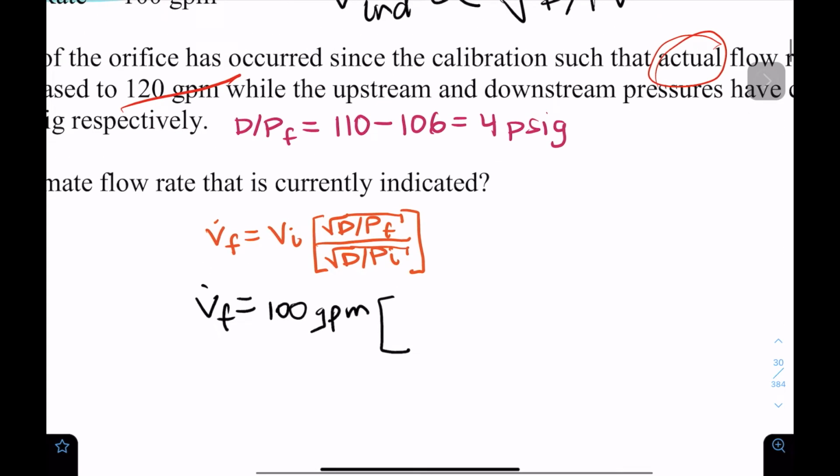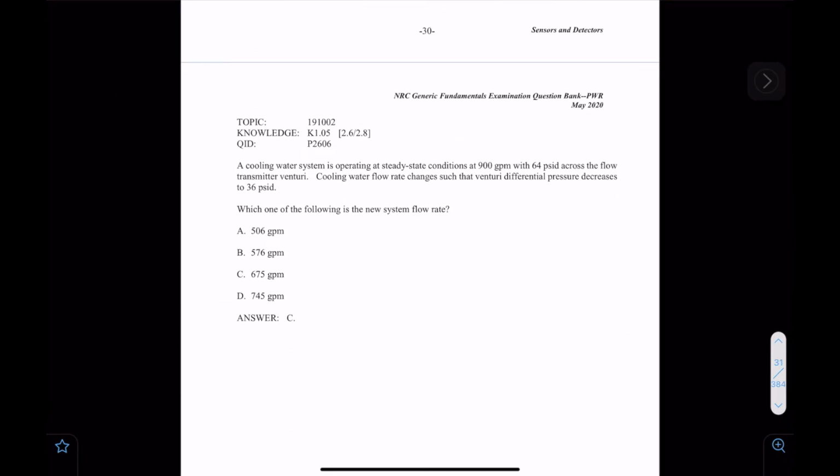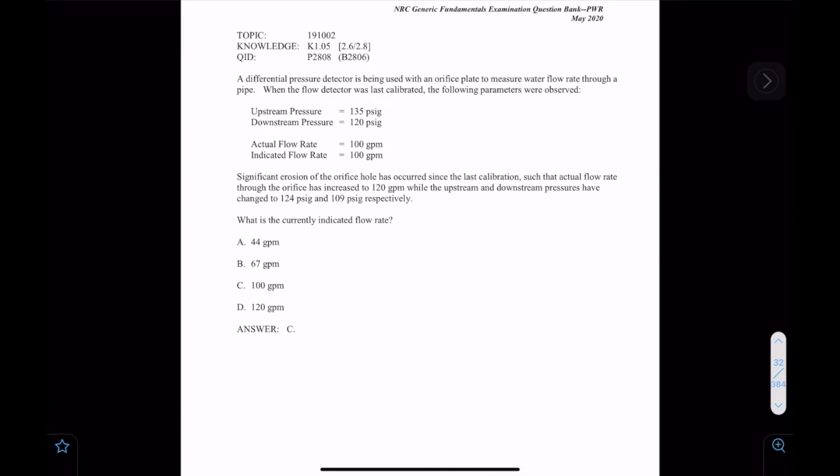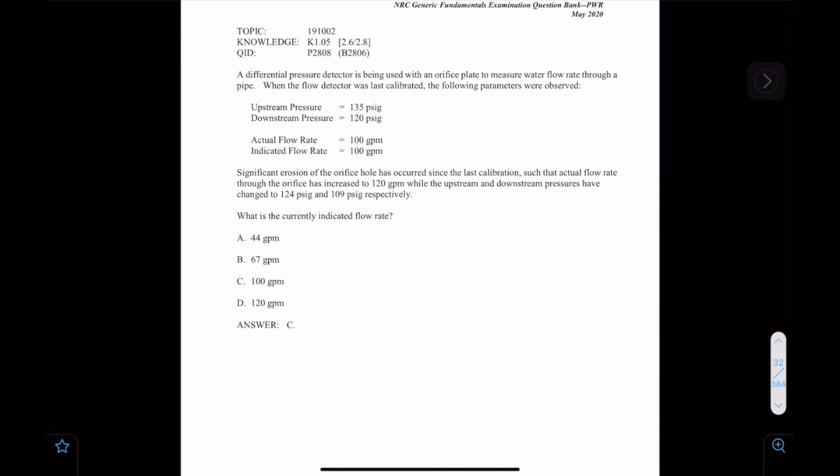We plug it in the calculator and we get 66.67 GPM. So we can say that we get about 67 GPM, and that is the right answer. As you can see, this one is very similar, so we know how to solve it.